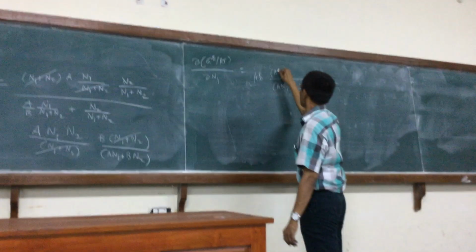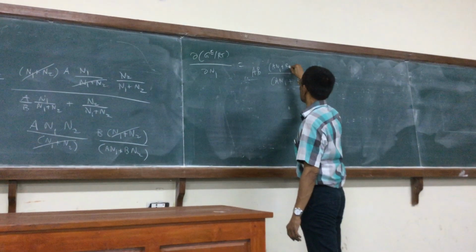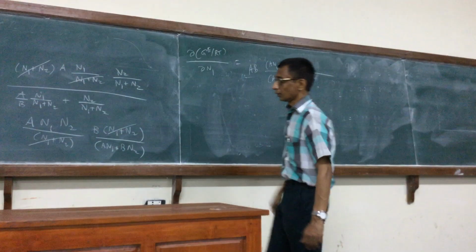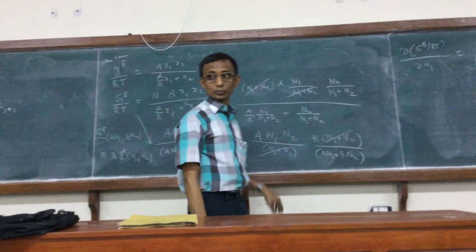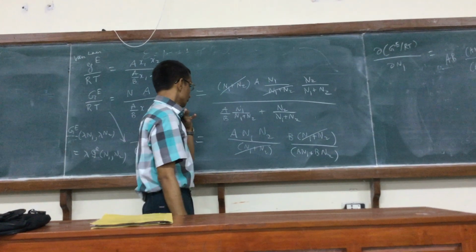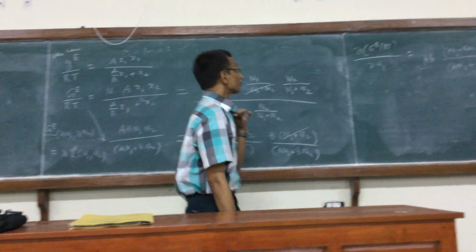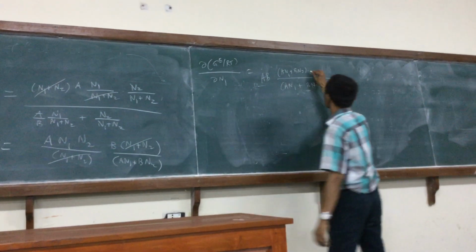So I have (A N1 plus B N2) times the derivative with respect to N1. You cannot forget N2; N2 can probably be taken out too, but let's leave it as it is.